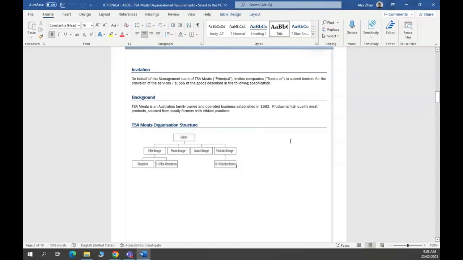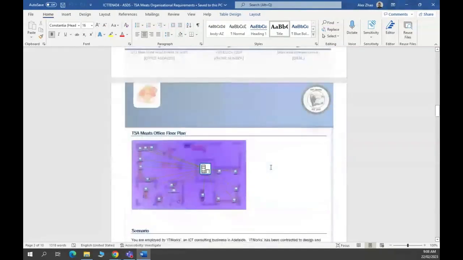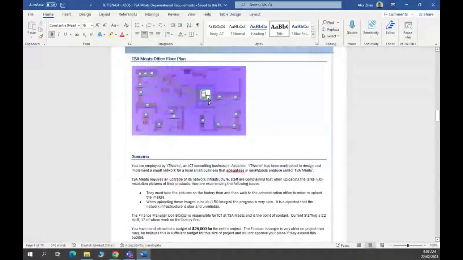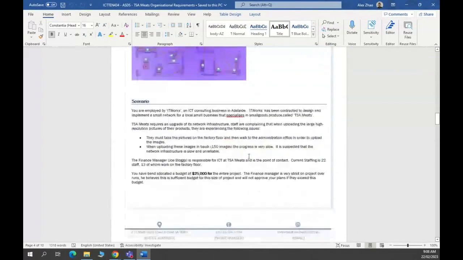So think of a butcher, a place where you can get wholesale meat. They're sourced from local farmers and they follow ethical practice. Here's a bit of the office plan. You can see there's a server room, and then there's offices, and these computers are all connected to the server room.